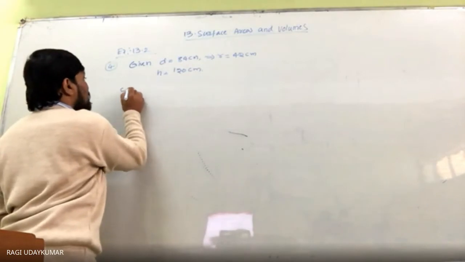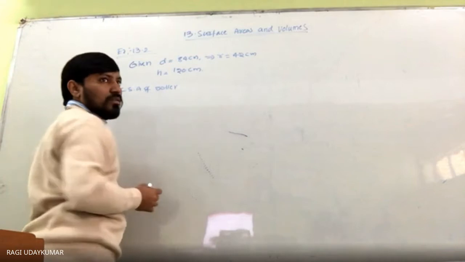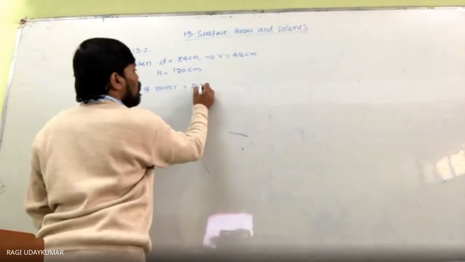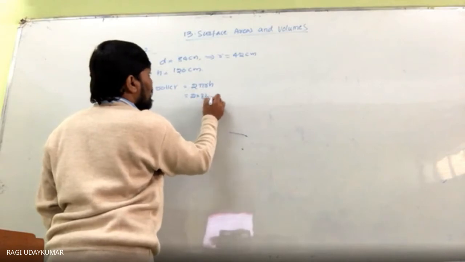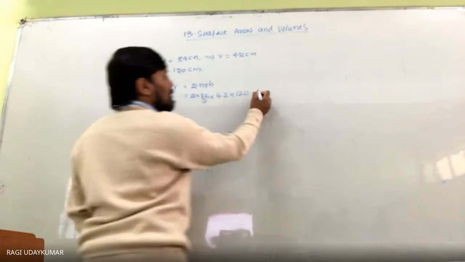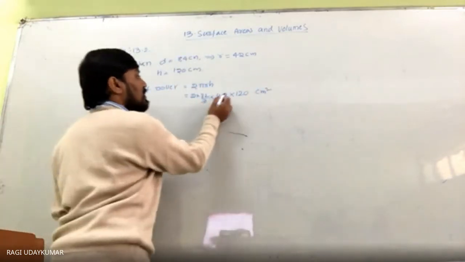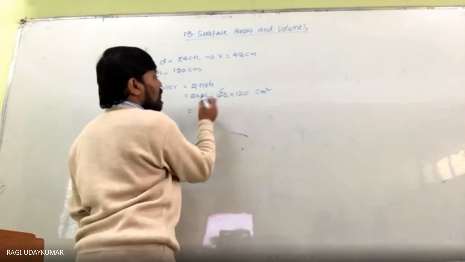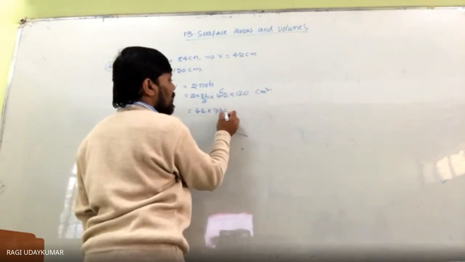So the curved surface area of the roller is equal to 2πrh, which is 2 into 22 by 7 into 42 into 120 centimeter square. So 7 sixes are 42, and 44 into 12 is 720 centimeter square.